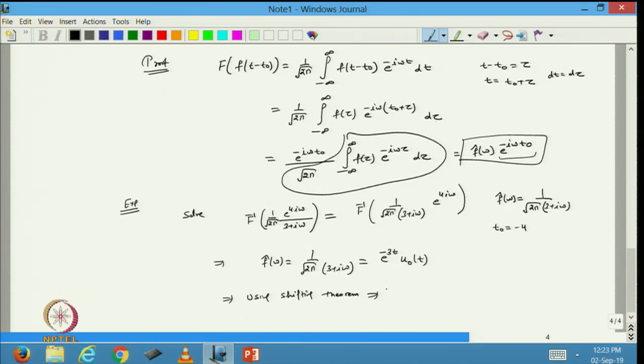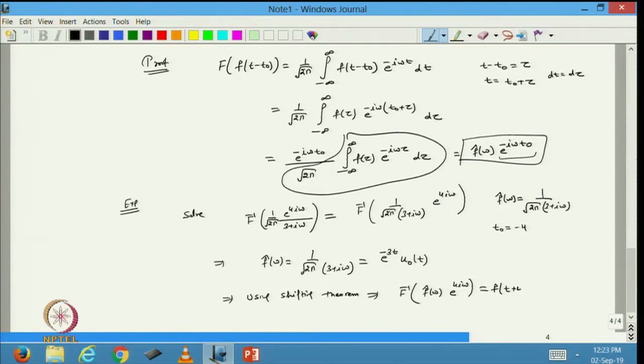Using the shifting theorem, I can write that in this case the inverse Fourier transformation of f hat omega into e raised to power 4 i omega will be, using this property, f of t minus t naught.